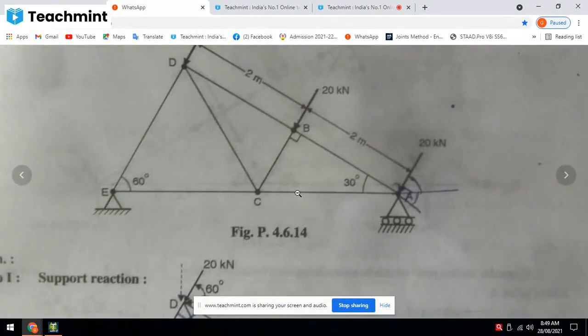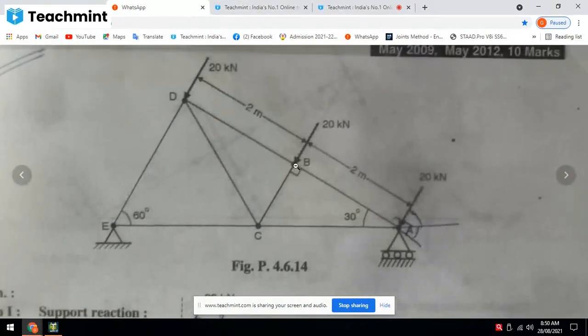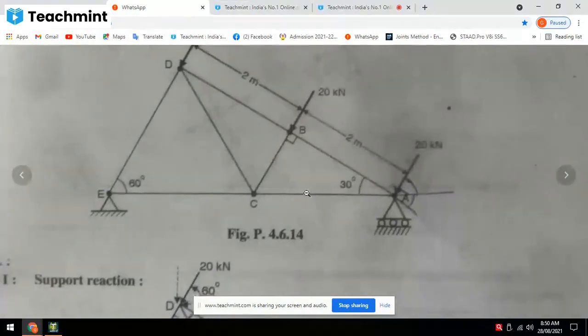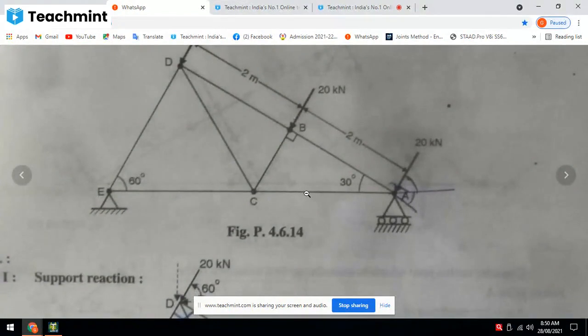And this will be 1.73. Right angle triangle. If this is taken as the base, this is 90 degrees, and AB is the hypotenuse, so 2 meter hypotenuse. Then cos 30 is equal to adjacent side, that is this horizontal, by hypotenuse, 2 into cos 30.